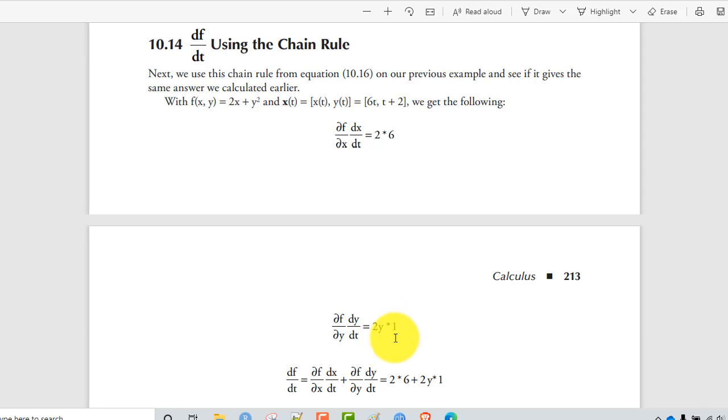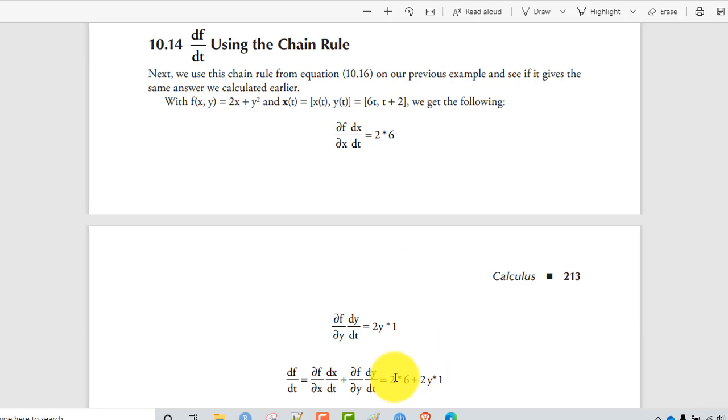So the final answer, according to the chain rule, is 2 times 6 plus 2y times 1. Now, we can put this all in terms of t, because we can rewrite y as t plus 2.